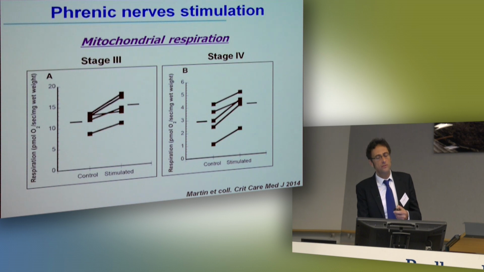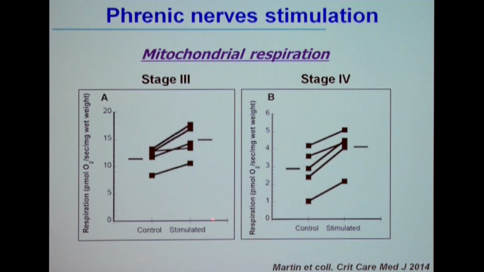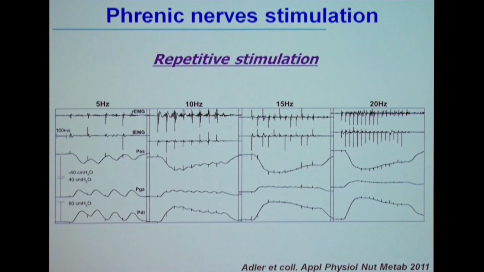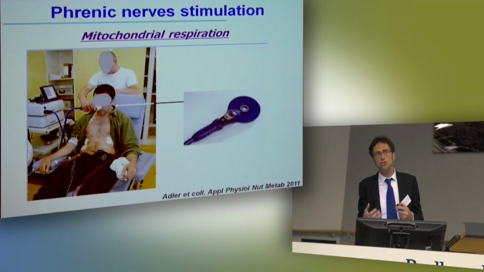It also preserved mitochondrial respiration. So this is in patients, and you have on the right the stimulated patients, and on the left the control patients. And stimulation somehow preserved the mitochondrial respiration. So the last thing: all these techniques with electrodes seem a little bit complex in patients.